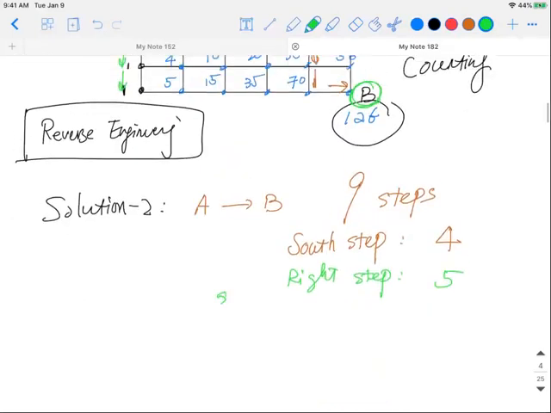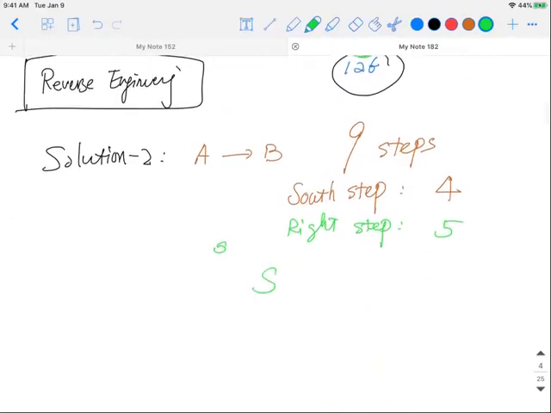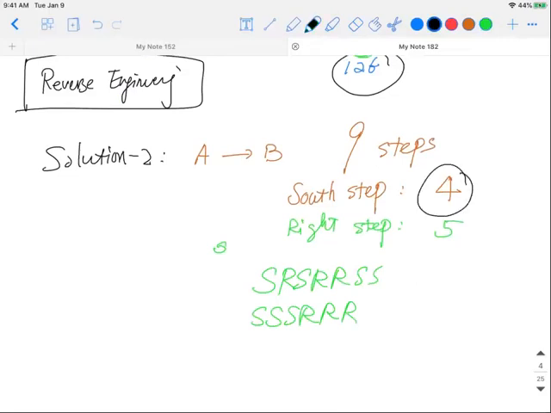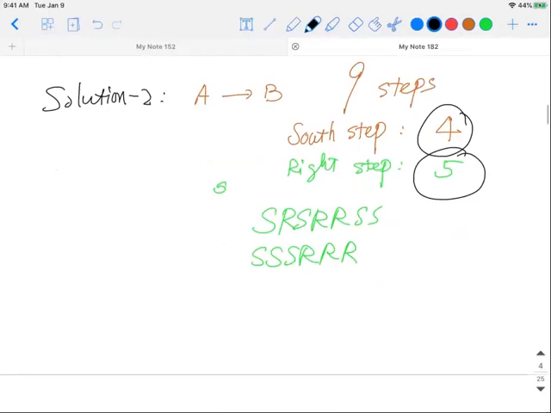He can go south, right, south, right, right, south, south, or south, south, right, right, right, and so forth. But regardless, in total, he has to move 4 steps to the south and 5 steps to the right. So what I'm trying to do is something like this.